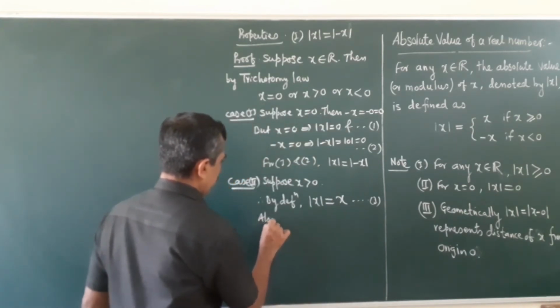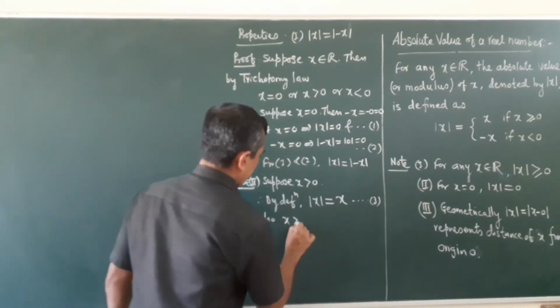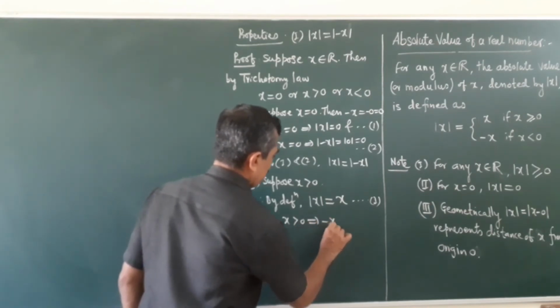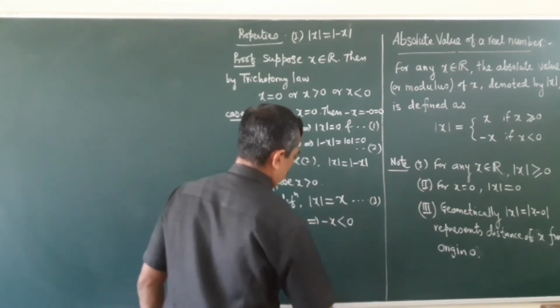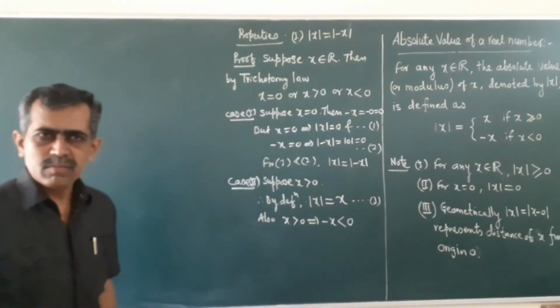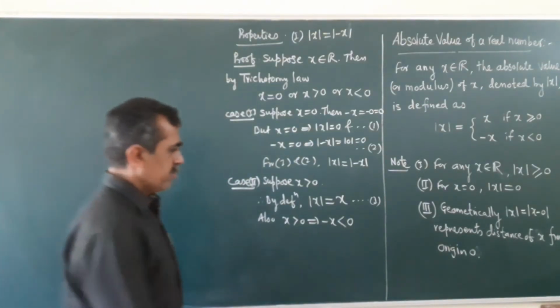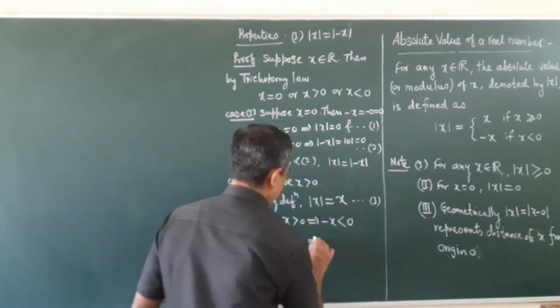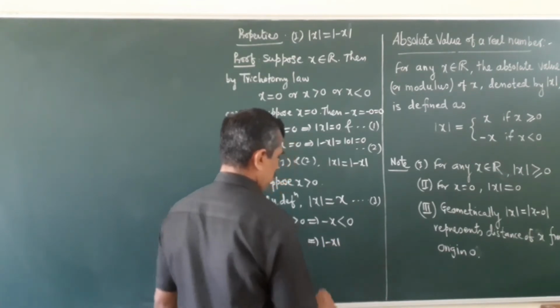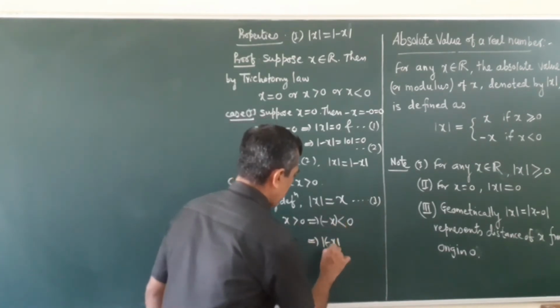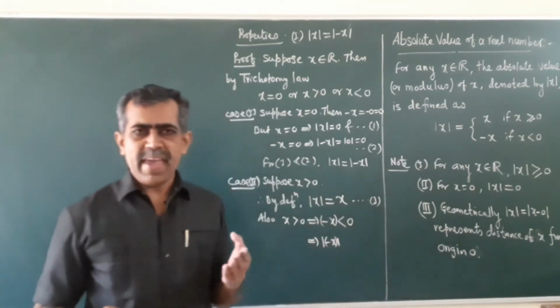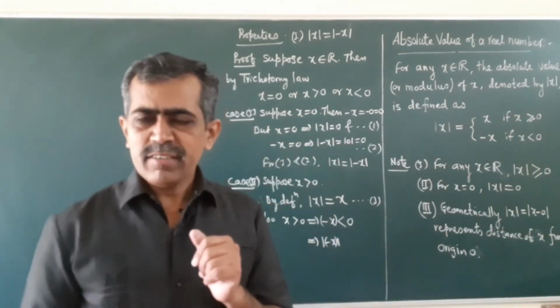Also, x greater than 0 implies, what about minus x? Minus x is less than 0. This implies, what is mod of minus x? Minus x, I call this number y. If x is 5, what is minus x?